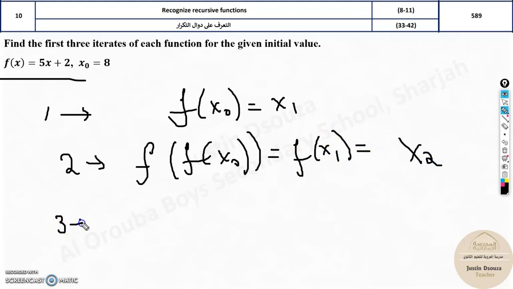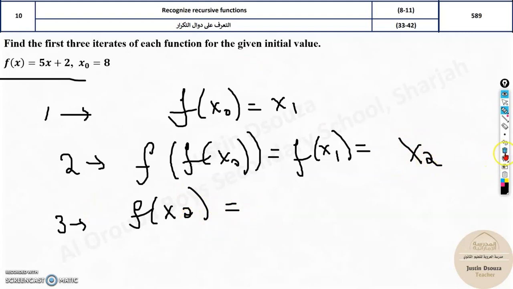Now the third iterate would mean another function of this entire thing. It'll be too long, so the easiest way is function of x2. Sorry, my voice is a bit cranky, so I hope you understand what I'm trying to say. Function of x2, this is what would be the third iteration.